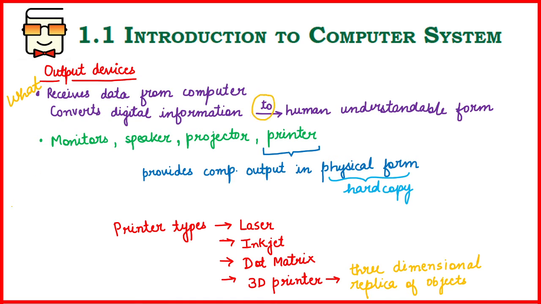All right, then you'll be giving examples about the output devices. This is I'm telling you how you have to frame your notes when you are preparing for your exams. If you have to write point wise what are output devices, then you can make use of these points.